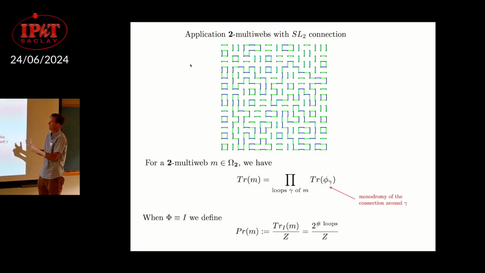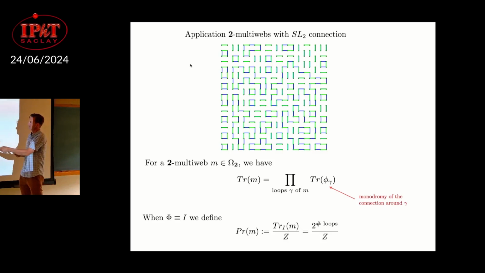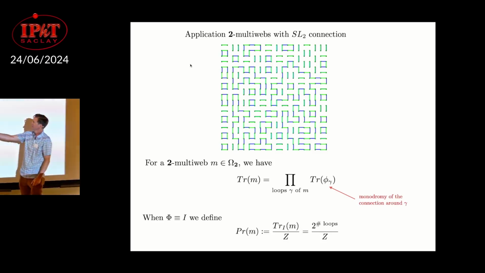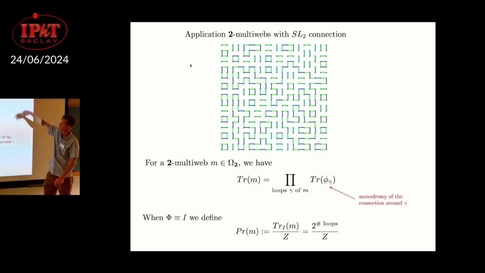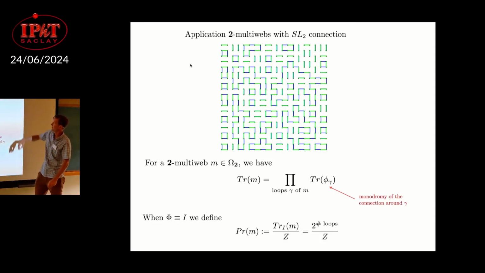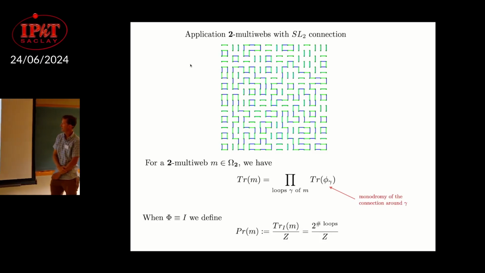You get a 2x2 matrix. You take its matrix trace. I should have used a different notation here. This is the matrix trace of the monodromy, and it doesn't matter whether you go clockwise or counterclockwise, because in SL2, the trace and the trace of the inverse are the same.